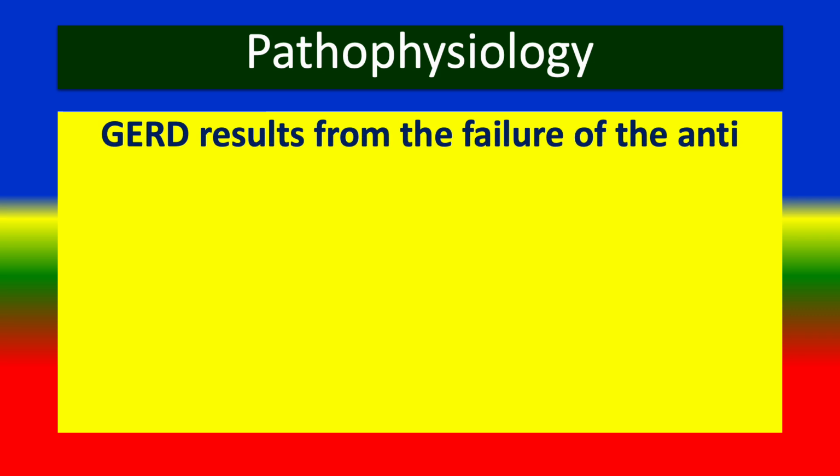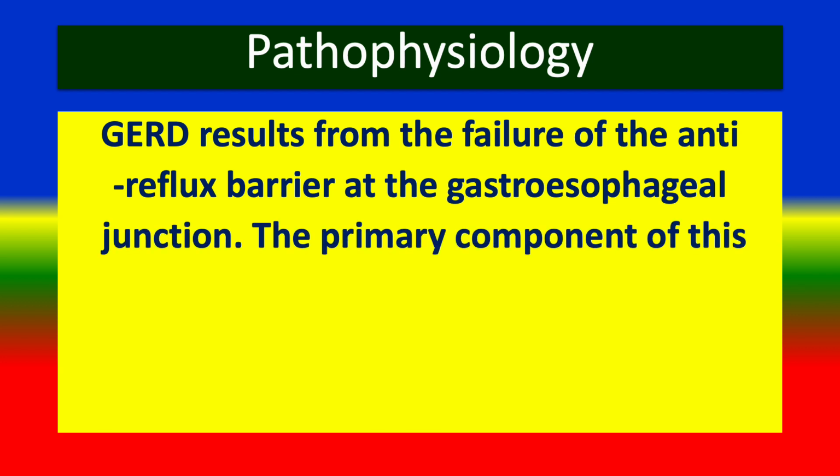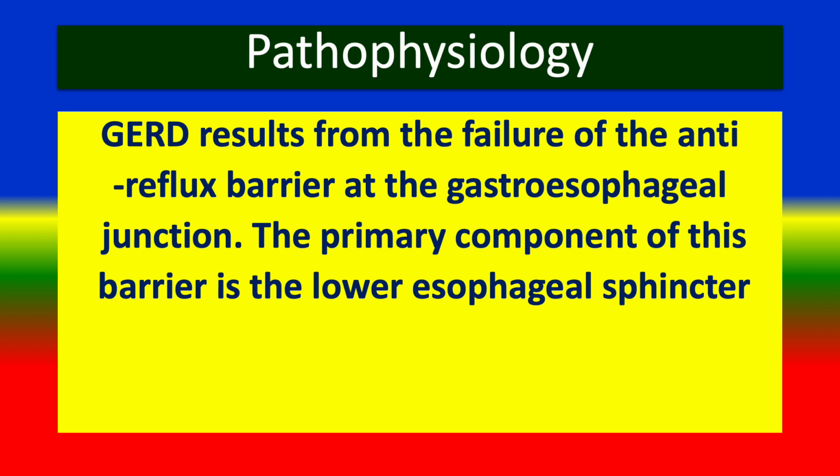Pathophysiology. GERD results from the failure of the anti-reflux barrier at the gastroesophageal junction. The primary component of this barrier is the lower esophageal sphincter.